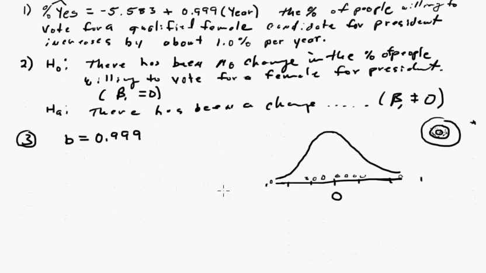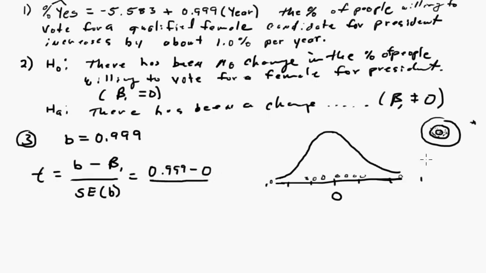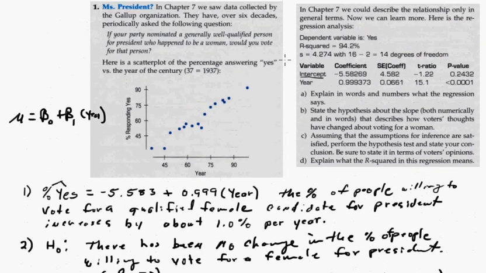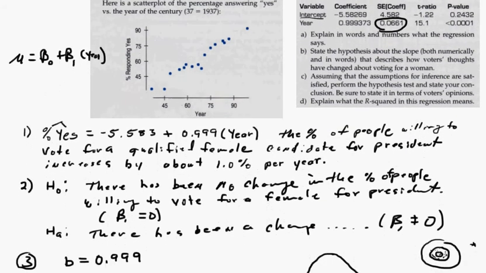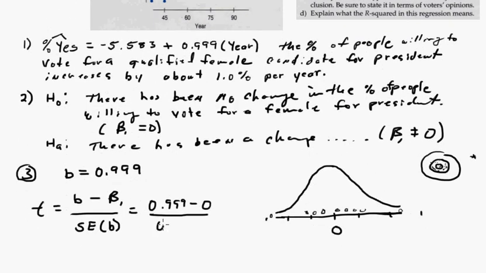So we're going to say that T is the sample statistic, B, minus the hypothesized value, divided by the standard error of B. So this is going to be 0.999 minus 0, divided by, and if we go up to the computer printout, here is the standard error, 0.0661.